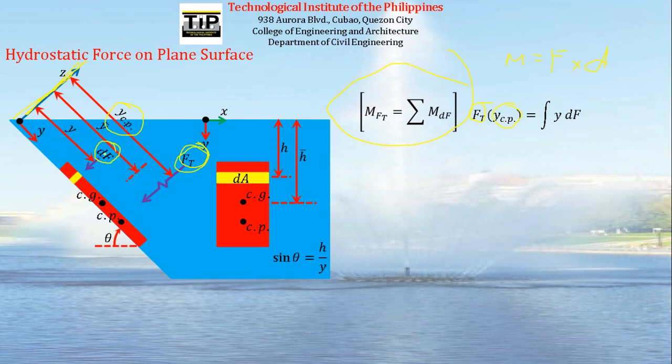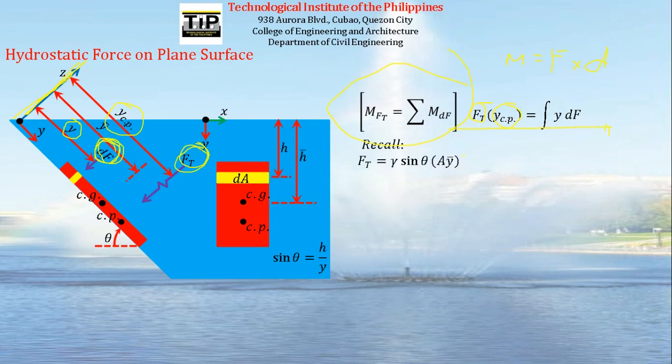And this is equal to force dF times the moment arm Y. Therefore, ganito yung nangyari dun sa equation. Okay? So we have F sub t times Y sub Cp equals the integral Y dF.